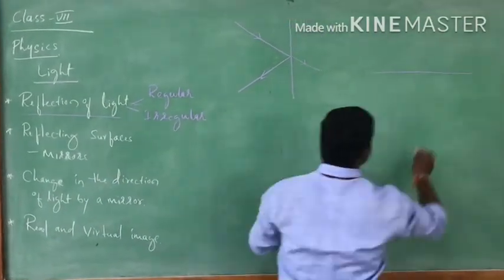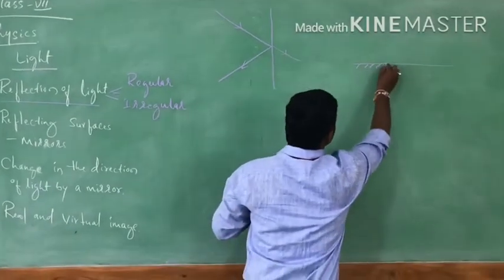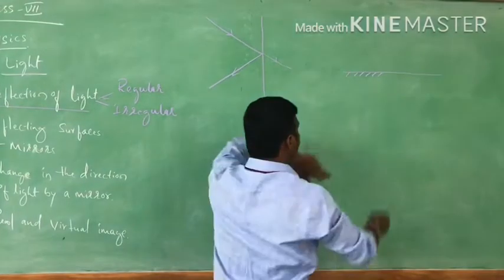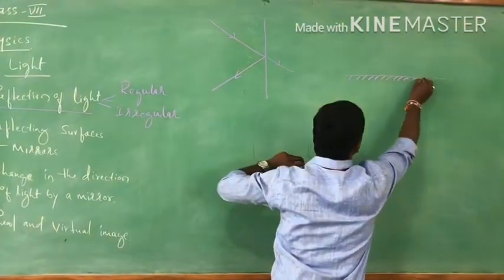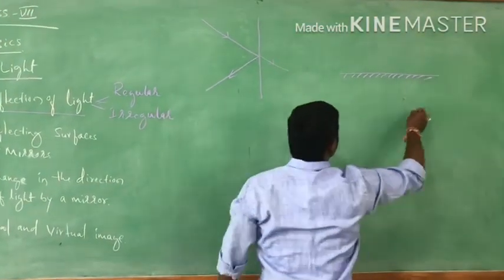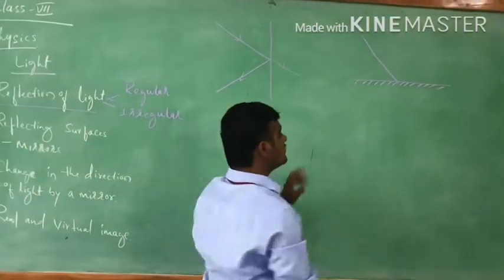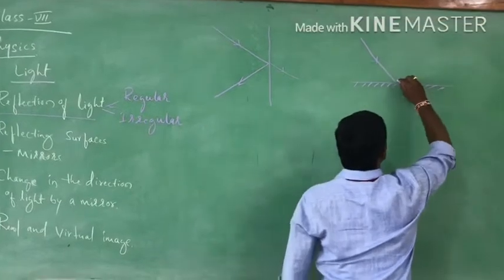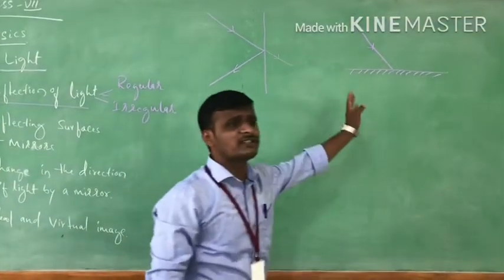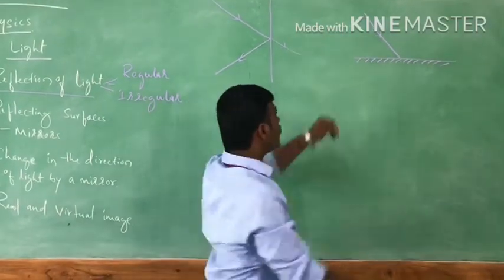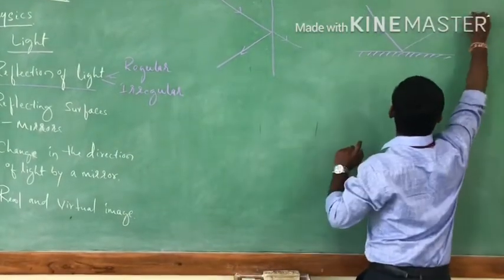This is a polished surface. The upper one is polished, the lower one is unpolished. That is a smooth surface. See here. To this surface, a ray is incident. When a ray is incident on a surface, it should reflect. That is reflection. So here a regular reflection is taking place.